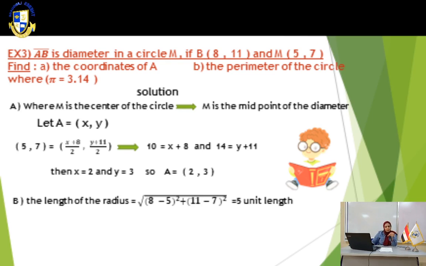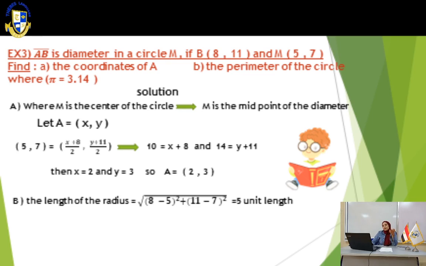Letter B, the length of the radius. To get the length of the radius, we studied before how to get the length between 2 points: the difference between the x coordinates to the power 2 plus the difference between the y coordinates to the power 2, all under a square root. So we have 2 points, B and M, for example.